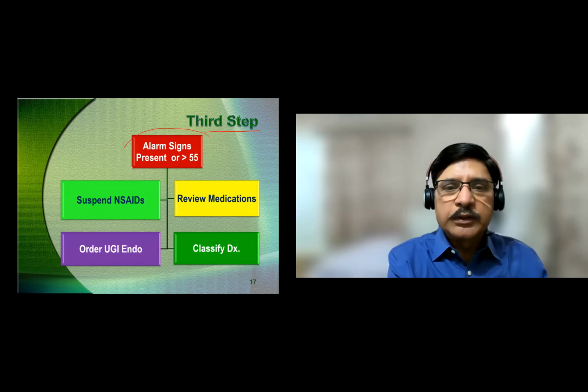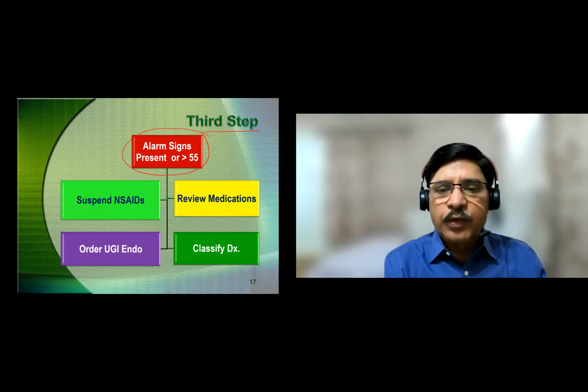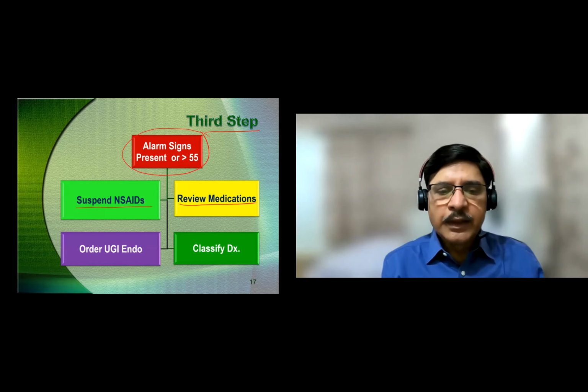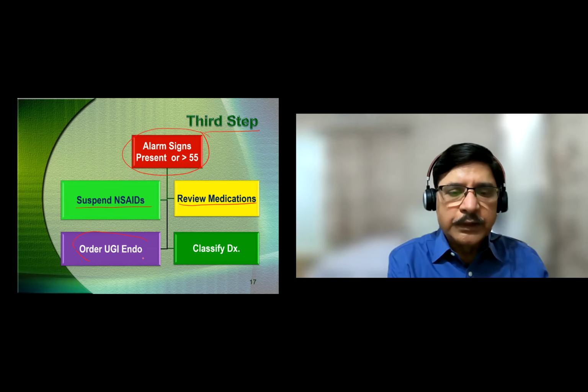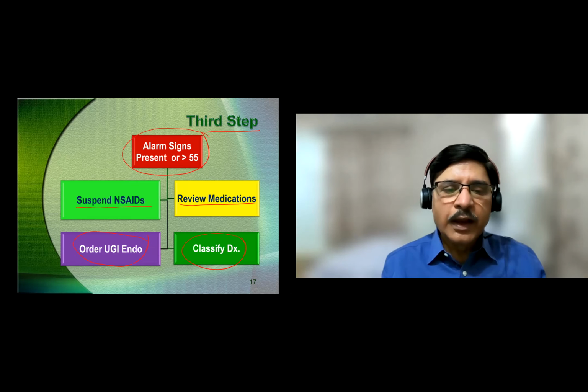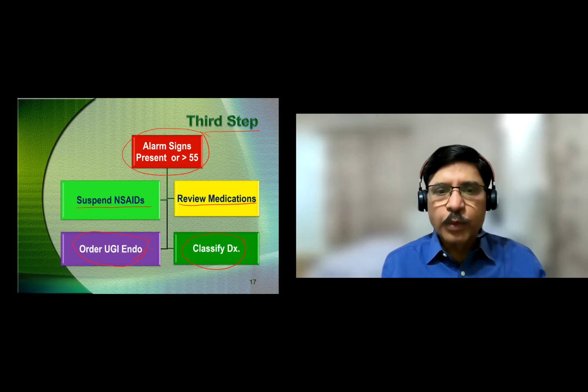Patient who has got alarm signs or who is more than 55 years: then review all medication, particularly NSAIDs and other drugs also. Suspend the NSAID and then order upper GI endoscopy. Classify the dyspepsia into different categories and treat. If there is a bleed, same day endoscopy.